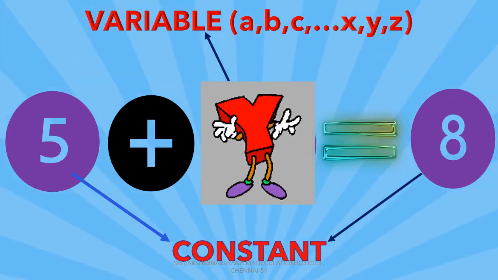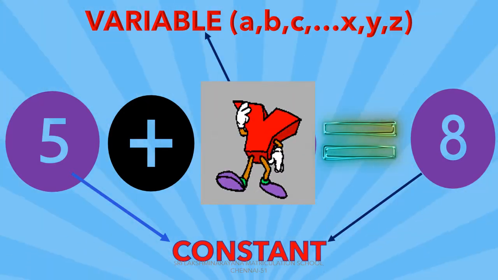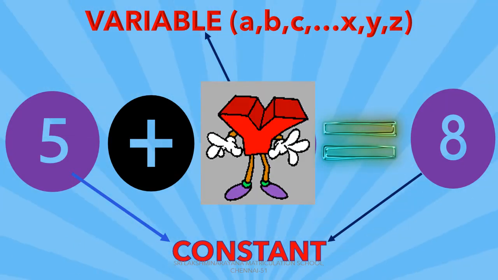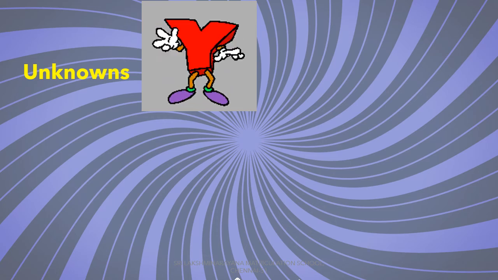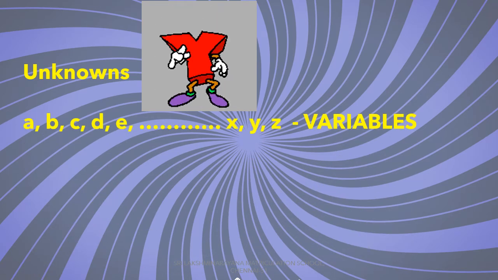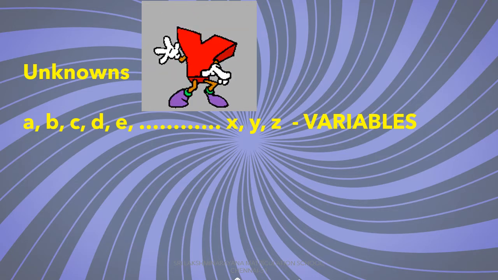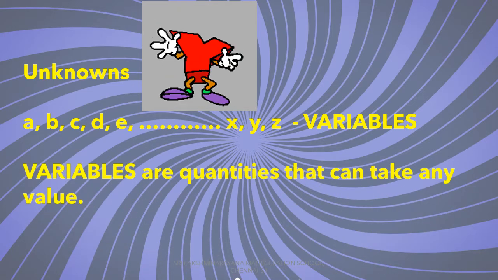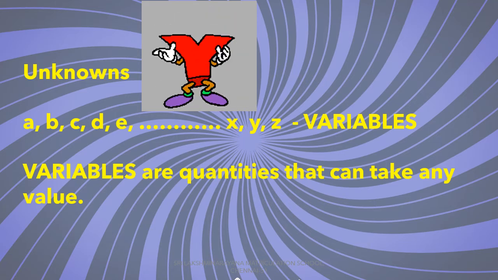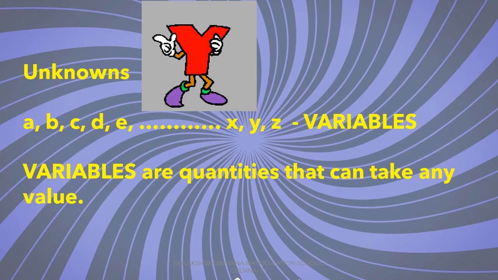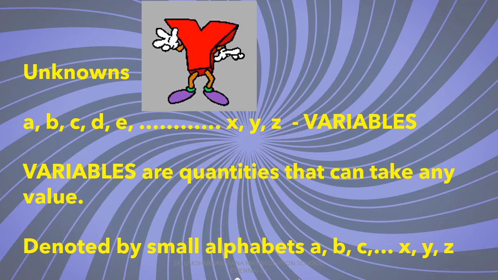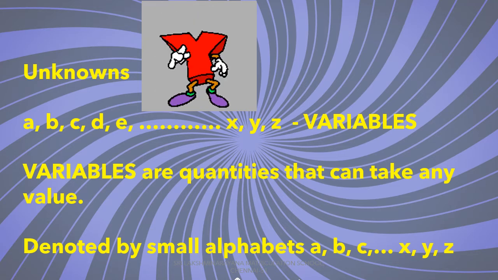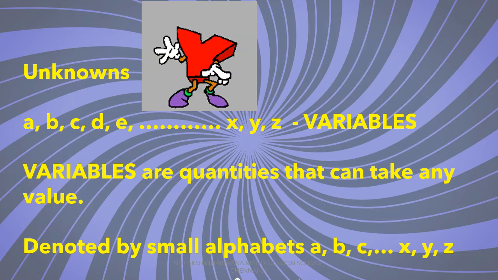We can denote the variable with any alphabet from A to Z. In place of the unknown value, I have written Y. Instead of Y, we can write any alphabet from A to Z. Hence, variables are quantities that can take any value, denoted by small alphabets A to Z.